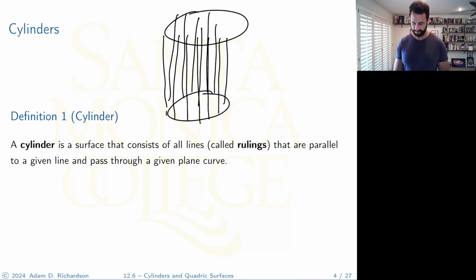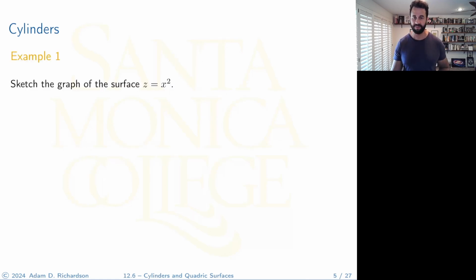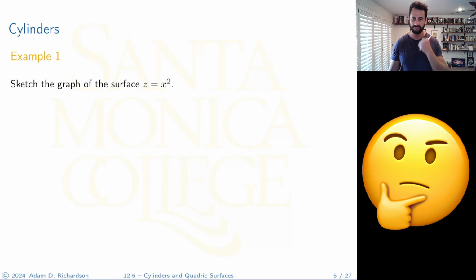That's the idea. With that in mind, I want you to ponder this one on your own, and then we're going to do it together. See if you can sketch a graph of the surface z equals x squared. One thing to keep in mind is that right now we're working in R3. Ponder this for just a second. What do you think this graph would look like?